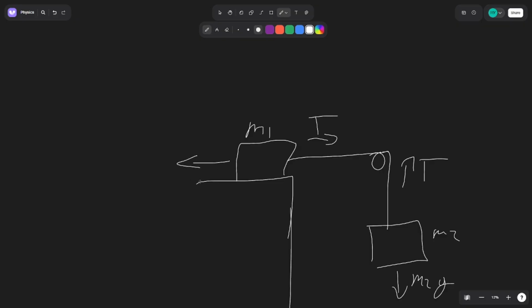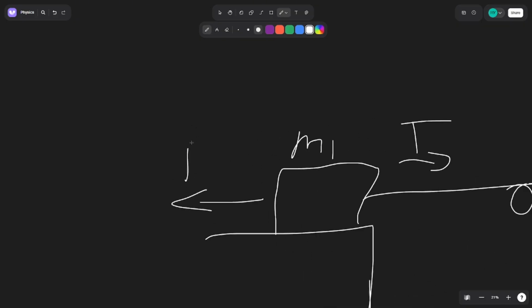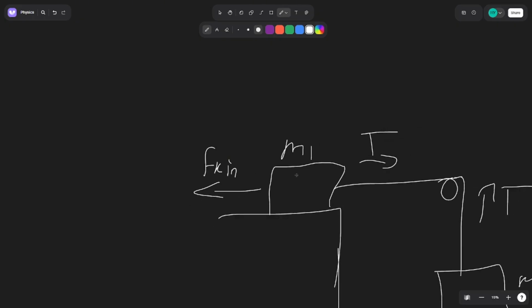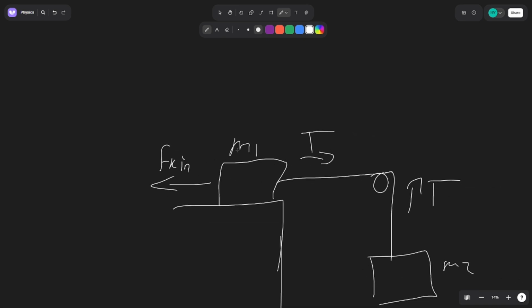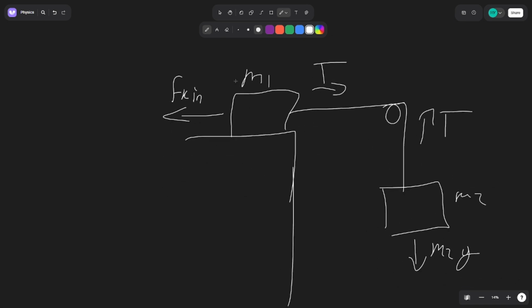Friction is always an opposite force. So kinetic friction, yeah, in that case it's kinetic friction. Kinetic friction goes on the left, while tension moves us on the right.